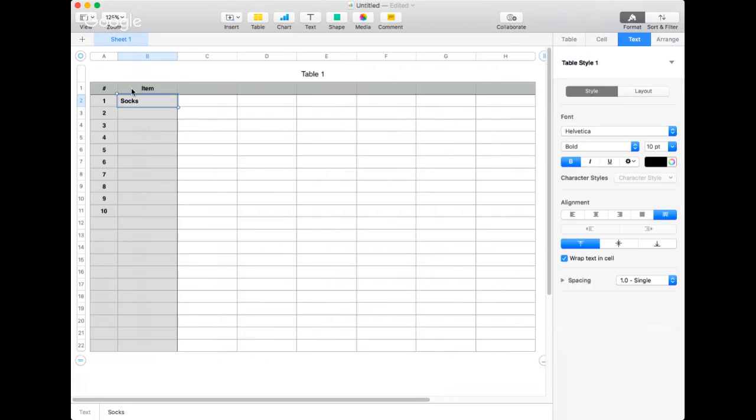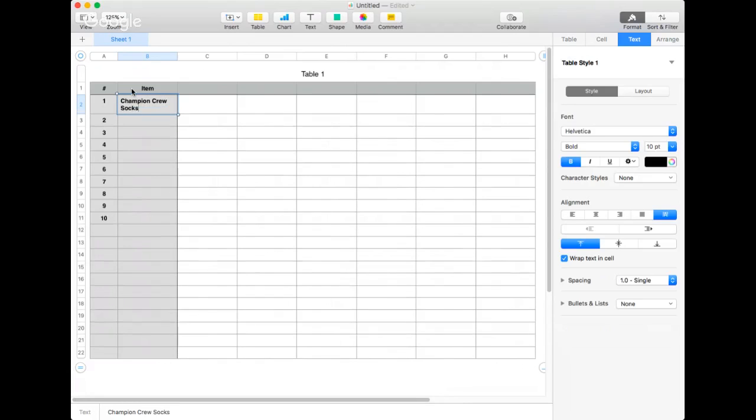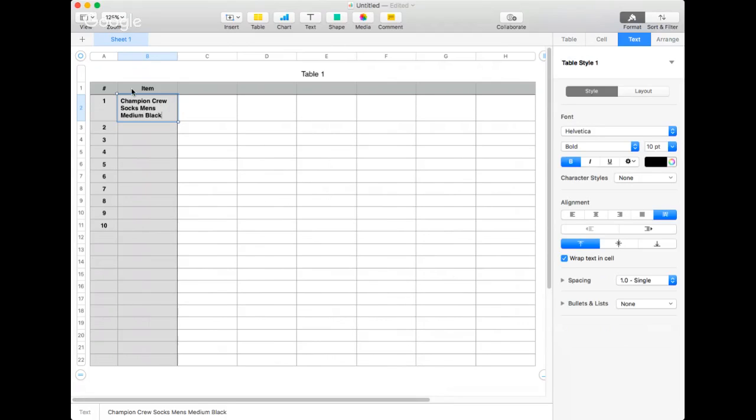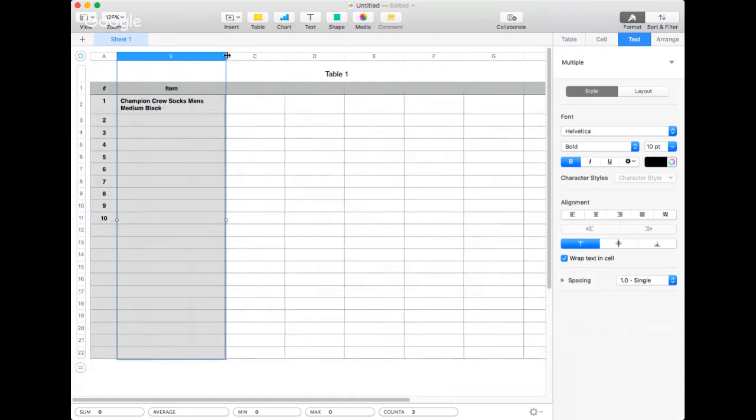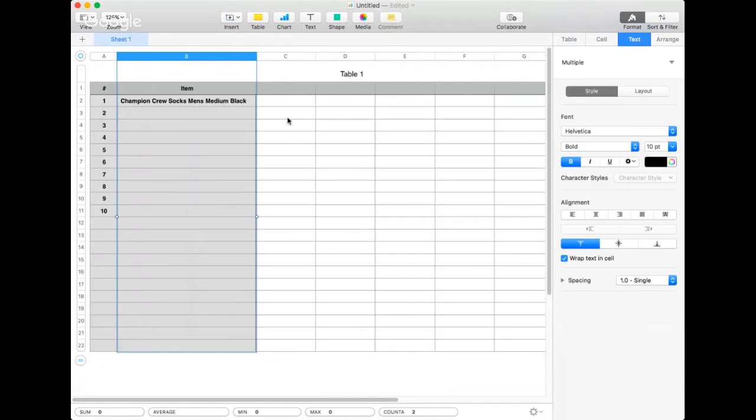And if you want to get in the habit of experimenting with that, you could put, in this case, let's call it, and it wasn't this, Champion Crew Socks, men's medium black. This may or may not be what I get into when I do my title for my listing, but just play along.